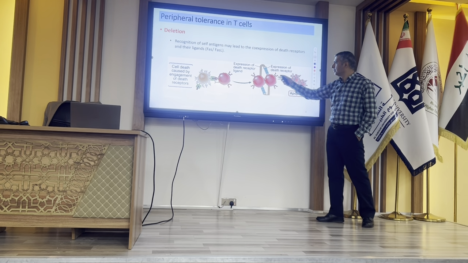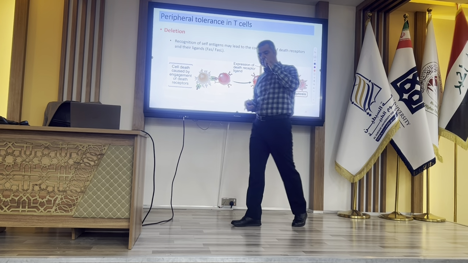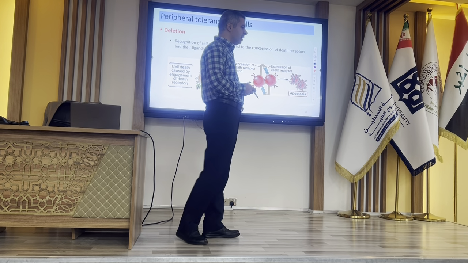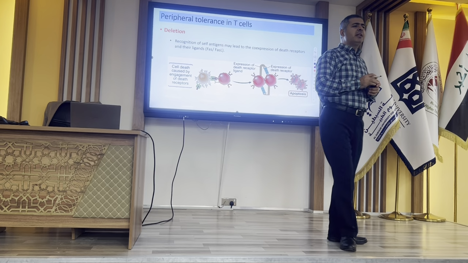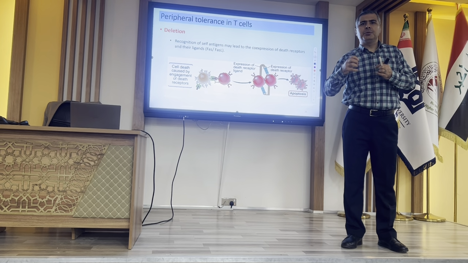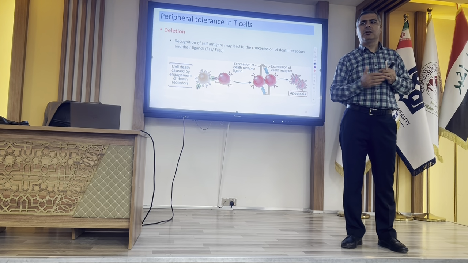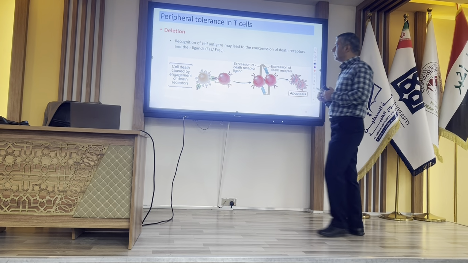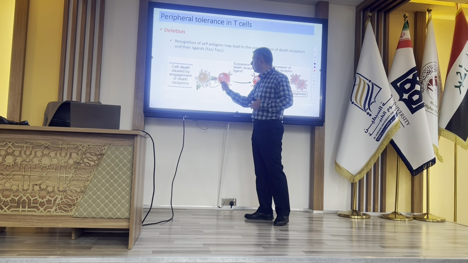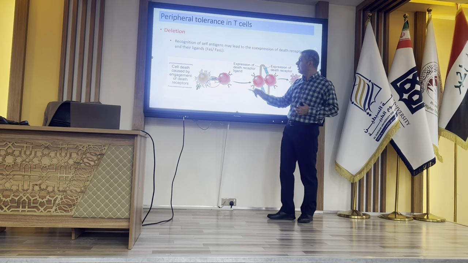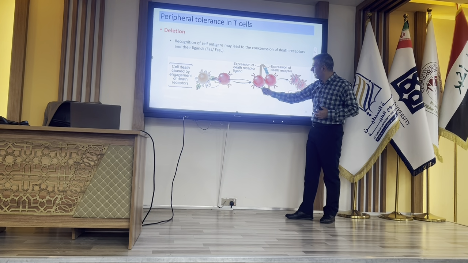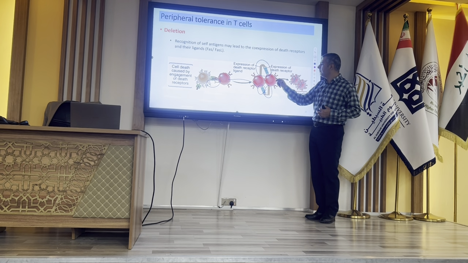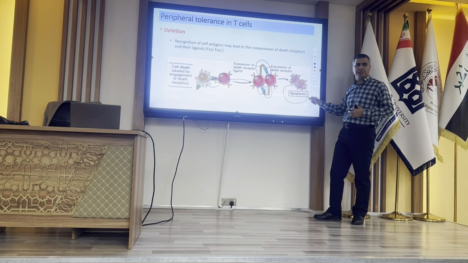And I talked about Fas and Fas ligand. There is a mechanism in T cells, peripheral tolerance. When a T cell is exposed to self-antigen constantly over time, and it receives several signals by its TCR in the absence of co-stimulation again, this T cell will express Fas and Fas ligand, and by binding of those Fas and Fas ligand, we will have again activation of apoptosis.